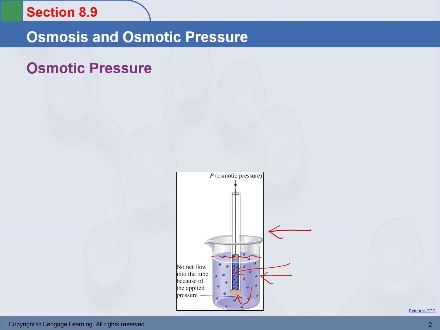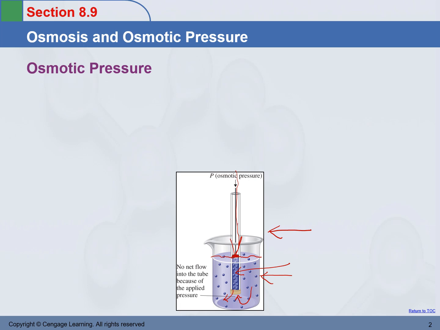Well, let's do this. Let's cover the surface of the liquid inside the tube and apply a pressure on it. We push it. Once you apply a pressure on it, you're pushing the water molecules out of the tube. You are making that happen faster. Does that make sense to you? You push it, water will be flowing out of the tube to the beaker faster than before.